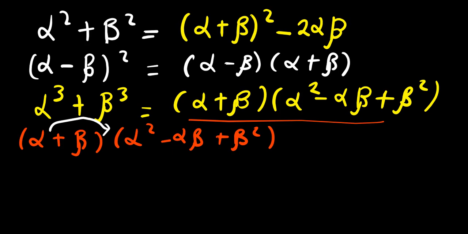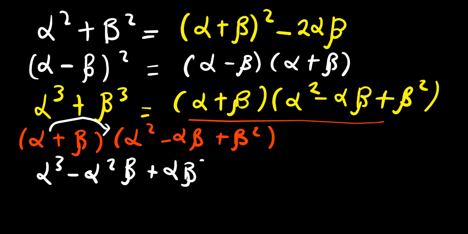So when we do that, what are we going to have? We have alpha cubed minus alpha squared beta, plus alpha beta squared. Now on the other side, when we multiply the beta with everything that is in the brackets, what are we going to have?